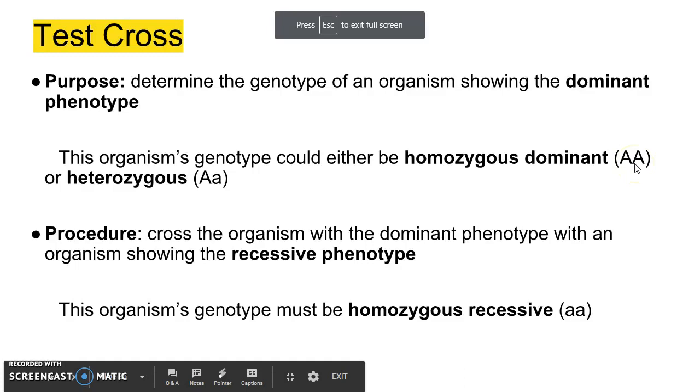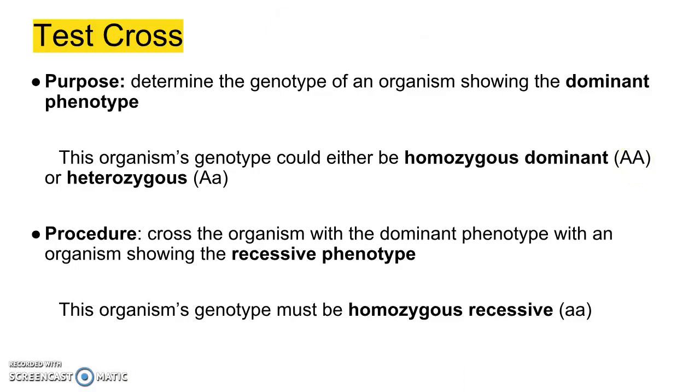So a test cross is a genetic cross where we do not know the genotype of one of our parents. We know that parent shows the dominant physical trait, but that parent could have one of two genotypes. It could have the homozygous dominant genotype, like big A, big A, or it could have the heterozygous genotype, like big A, little a.